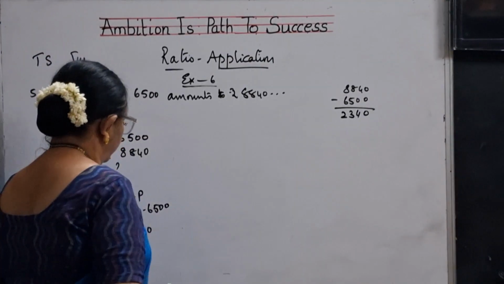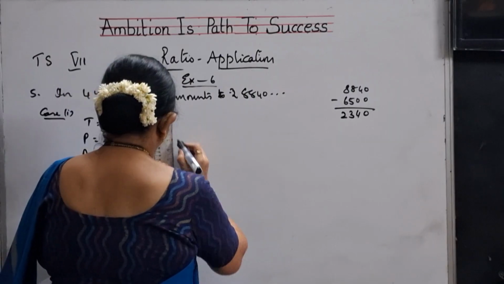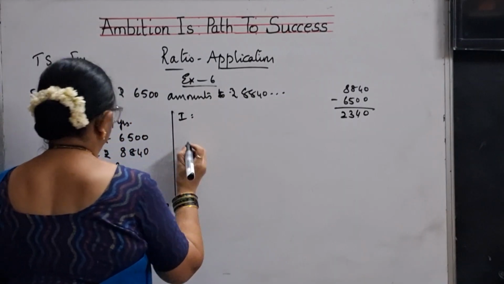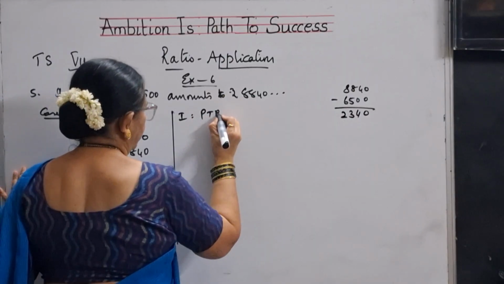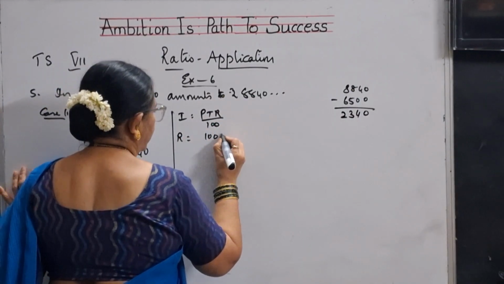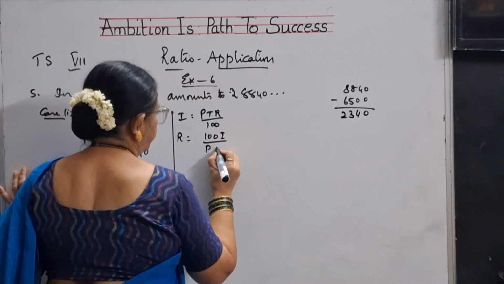So with this, let us find out the rate they are asking. I is equal to PTR by 100. That means rate is equal to 100I by PT.